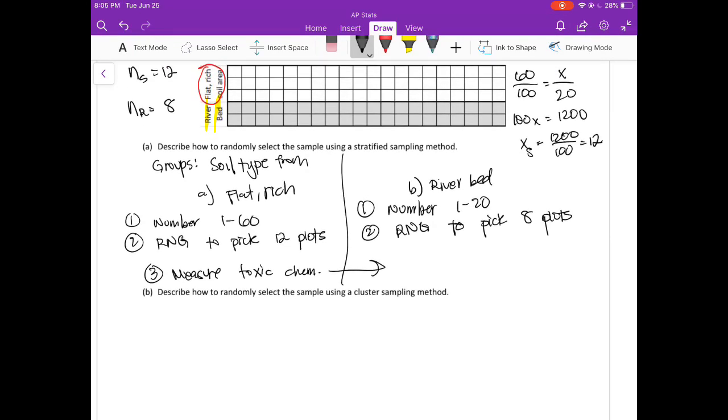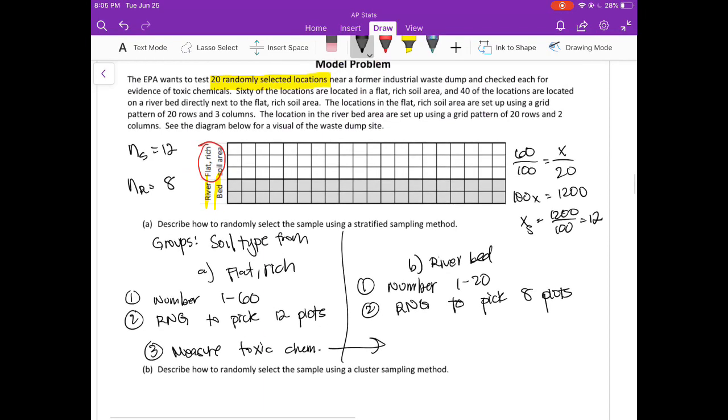Next, what you're going to do is, I want to backtrack real quick and talk about what they labeled the rows and columns as. So if we were to turn the page such that the riverbed and flat rich soil was at the top, right?